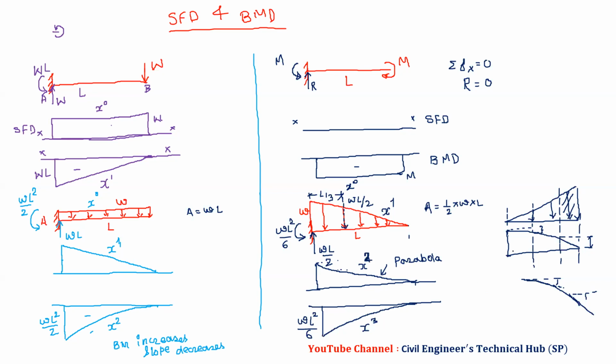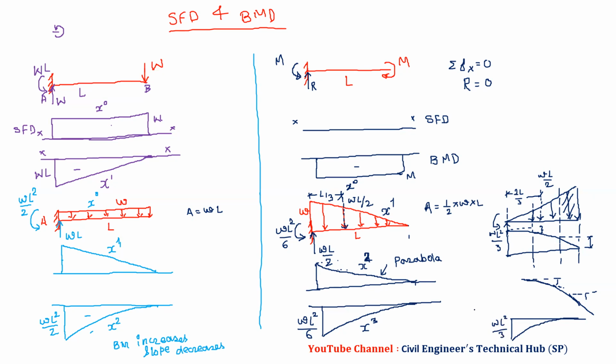In this case, for bending moment, the value WL by 2 is over here, and it will act at 2L by 3. Therefore, my bending moment will be WL by 2 into 2L by 3, which will be WL square by 3. And then we have the bending moment in this fashion, which is WL square by 3.